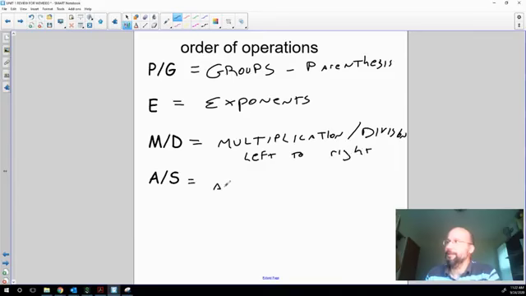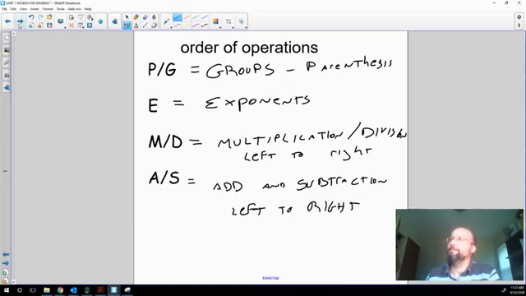And you do addition and subtraction at the same time from left to right. So again, this is order of operations.